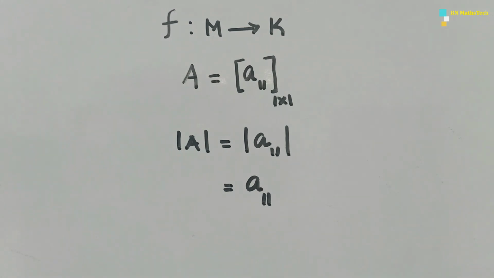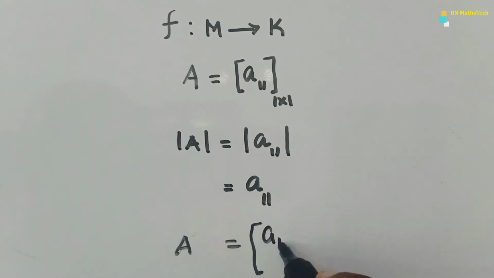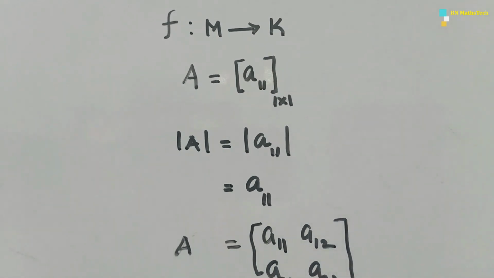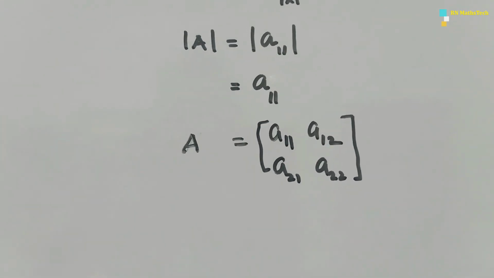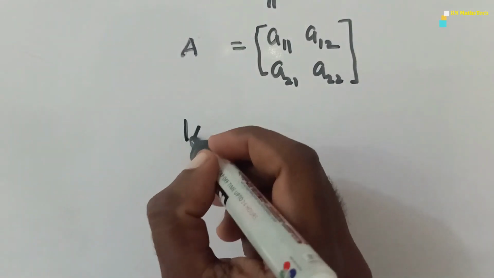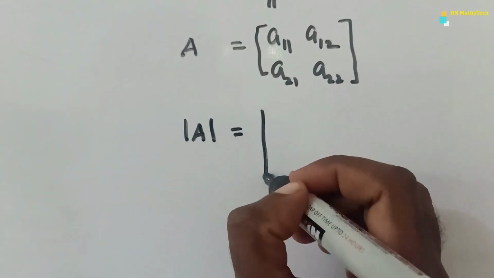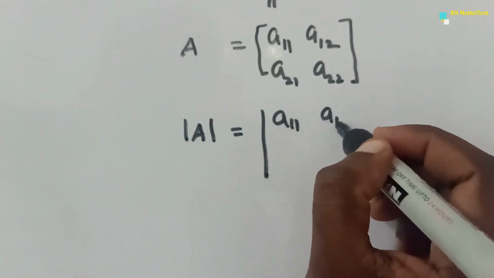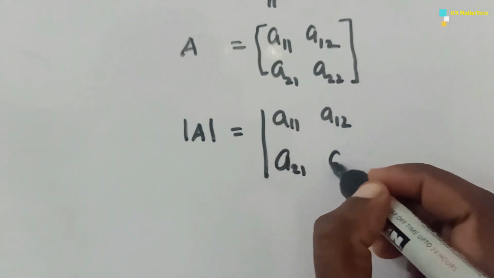Now consider A is equal to a 2 by 2 square matrix with rows A11, A12 and A21, A22. What is the value of the determinant of this matrix A? Determinant of A is equal to the determinant of A11, A12, A21, A22.